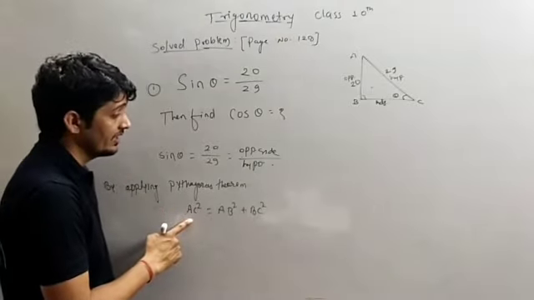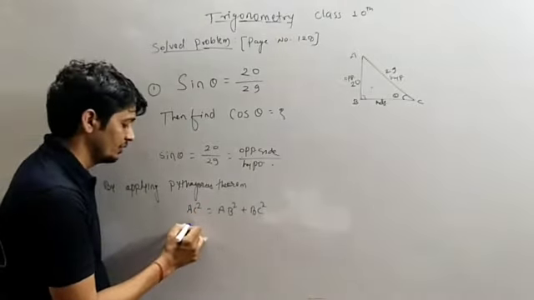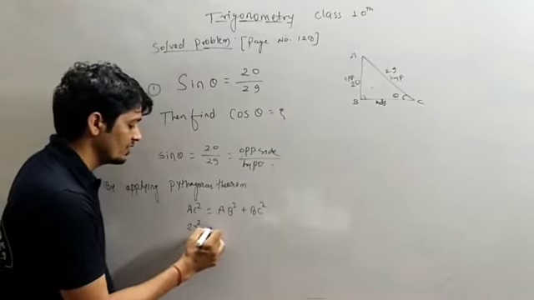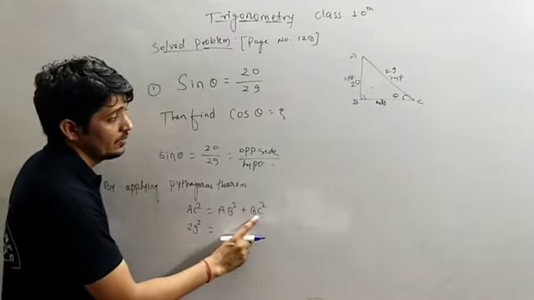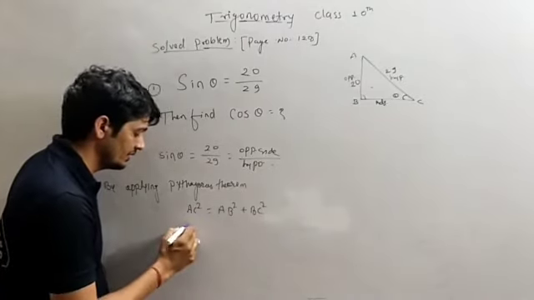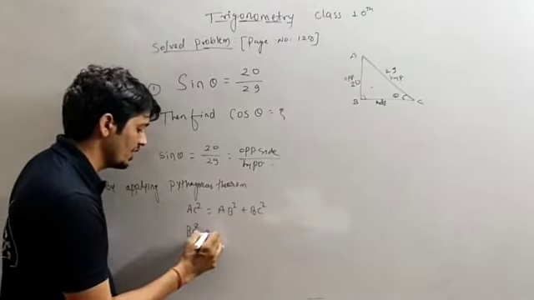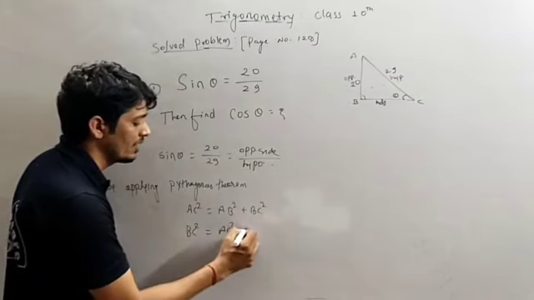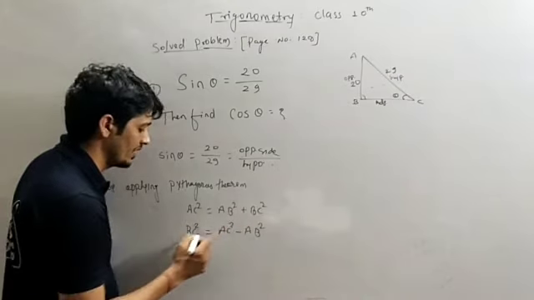AC is 29, so 29 square equals AB square plus BC square. We have to calculate the value of BC, so we transfer this to the other side. So we write BC square equals AC square minus AB square.